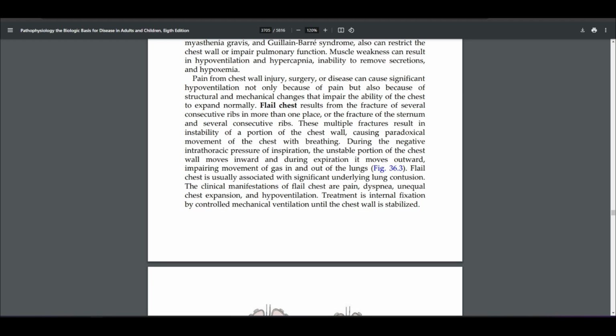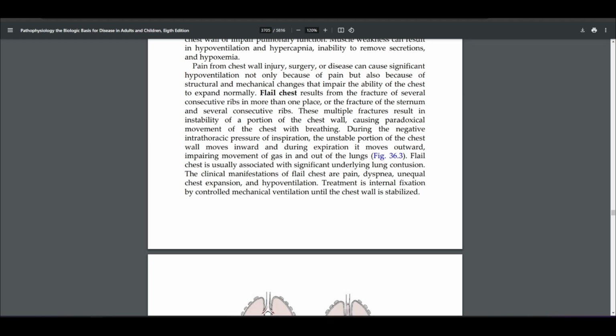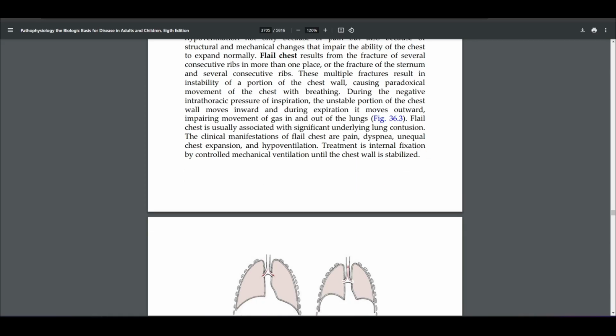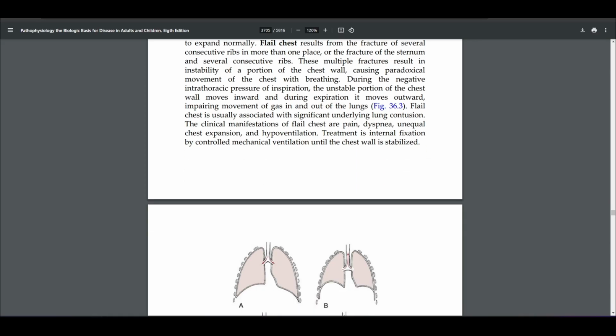Flail chest is usually associated with significant underlying lung contusion. The clinical manifestations of flail chest are pain, dyspnea, unequal chest expansion, and hypoventilation. Treatment is internal fixation by controlled mechanical ventilation until the chest wall is stabilized.